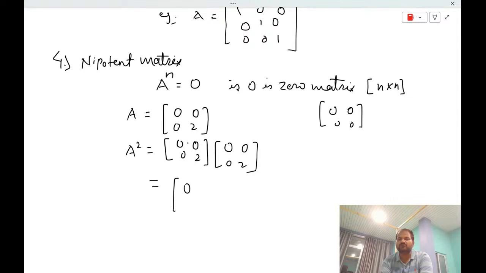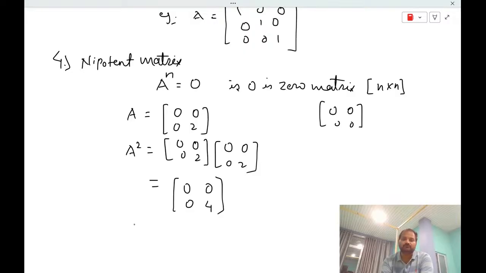The first row and second column, 0 into 0, 0. The second row first column will also be 0, and the second row and second column will be 0 into 0 and 2 into 2, 4.